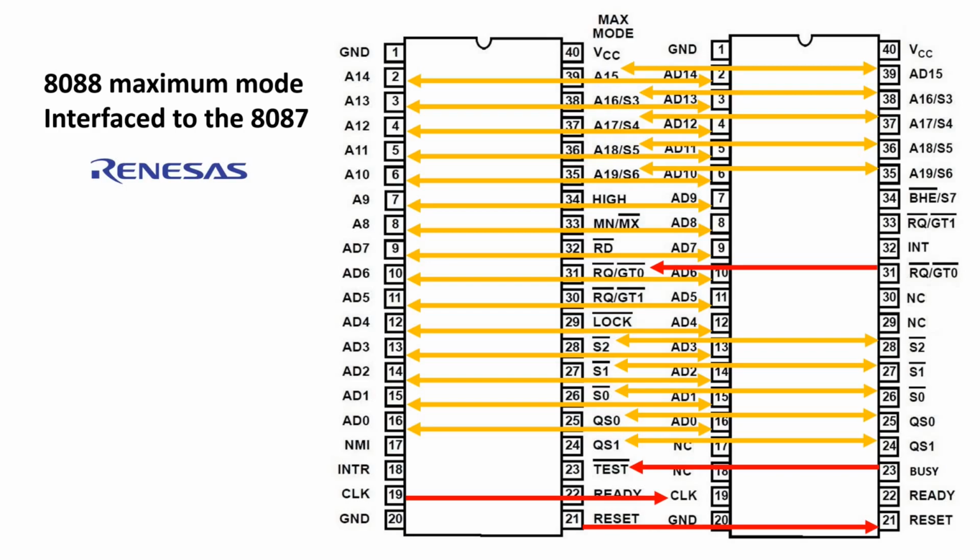The test pin is a special pin which is used with the wait instruction, and what happens if the wait instruction is executed and the test pin is high, the CPU just idles and does nothing. So if you look in 8088 code, you will commonly find that immediately following a floating point instruction there is a wait instruction, and so the idea is the 8088 simply waits until the floating point instruction is completed.